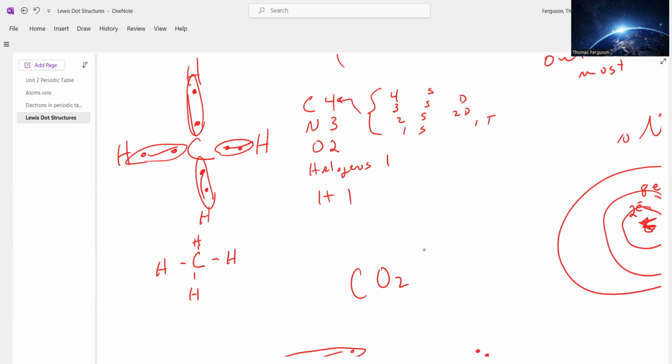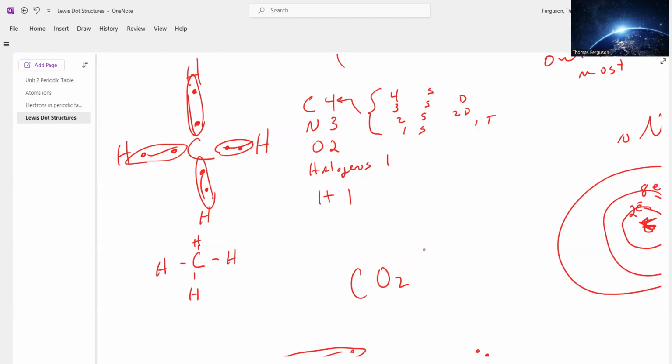The second step is octet. Count the electrons for each one. These are shared, so they count. So 2, 4, 6, 8. 2, 4, 6, 8. So it's legal. What do you mean 2, 4, 6? Just counting them. 2 here, 2 there, 2 there, 2 there, because these are shared.